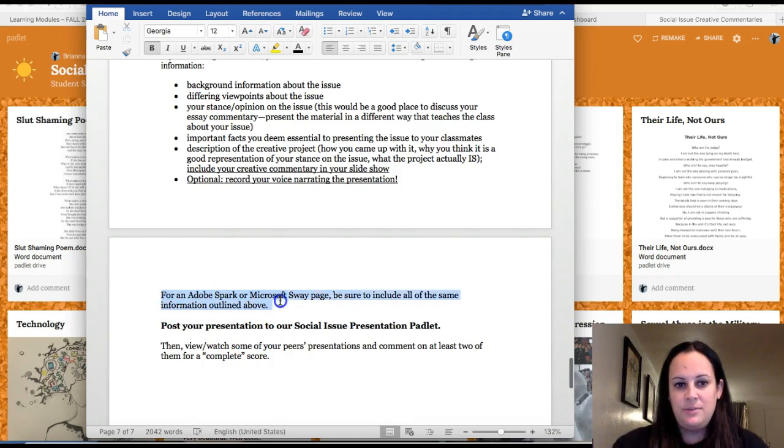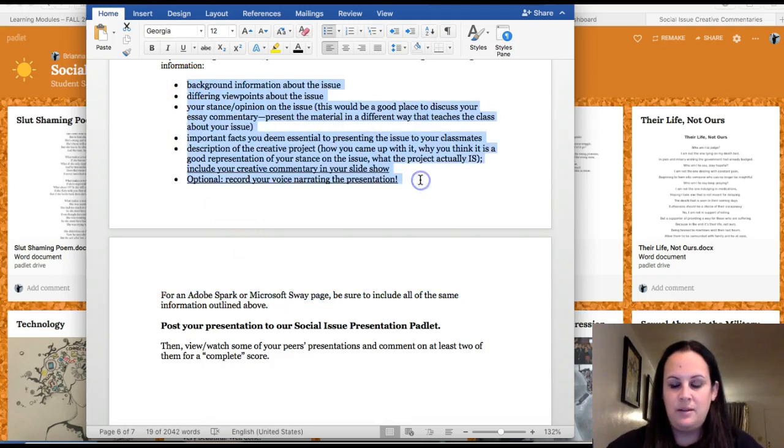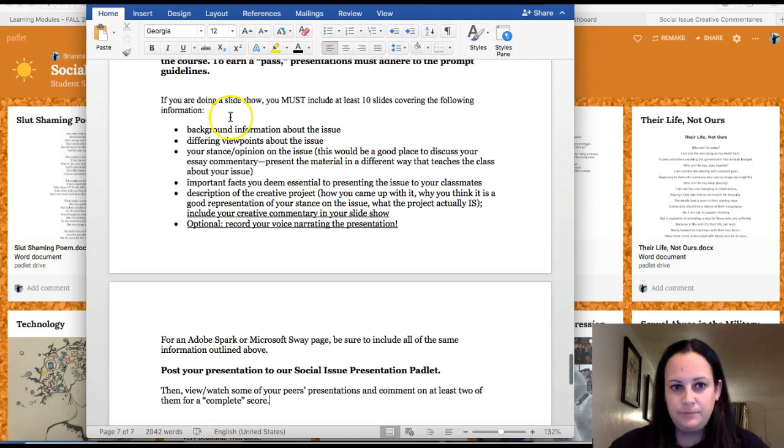If you want to do an Adobe Spark page or a Microsoft page, you still need to include all of this information, but you're going to be creating basically a web page that people scroll through. So you're going to have a different layout, which is perfectly fine. You're welcome to do either of those options, a slideshow or a page.